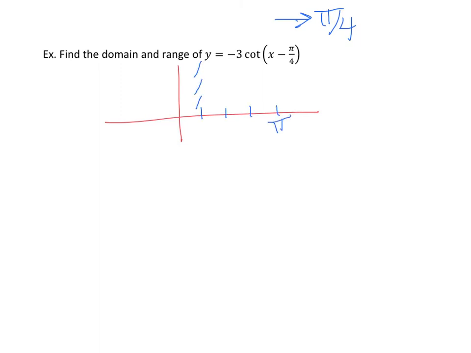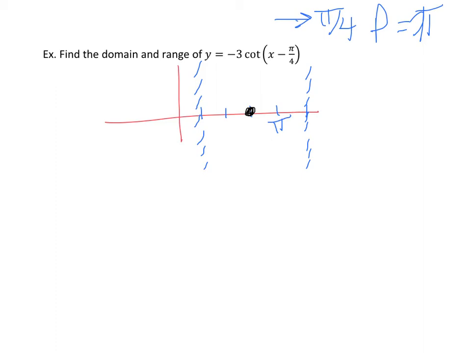So here's my asymptote. Period is equal to pi. So I'm going to go a distance of pi and write my other asymptote. Center of the asymptotes would be right here at 3/4 pi, and there's no shift up, so it is right there. And we know it's going to squiggle up and down.